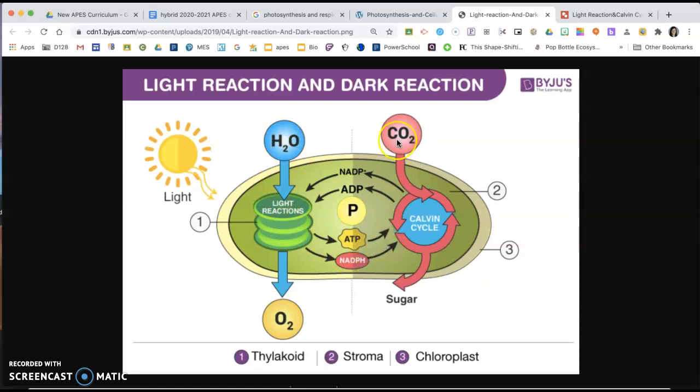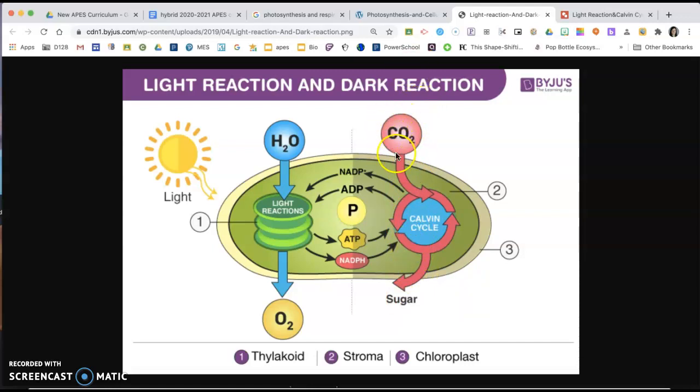At this point, we're going to be doing the dark reaction, or the Calvin cycle. I like to remember the Calvin cycle pretty easily because it has CO2, which begins with a C. It's the Calvin cycle, and it has sugar, which is C6H12O6. So it's pretty easy to remember that a lot of the C's happen on this side.